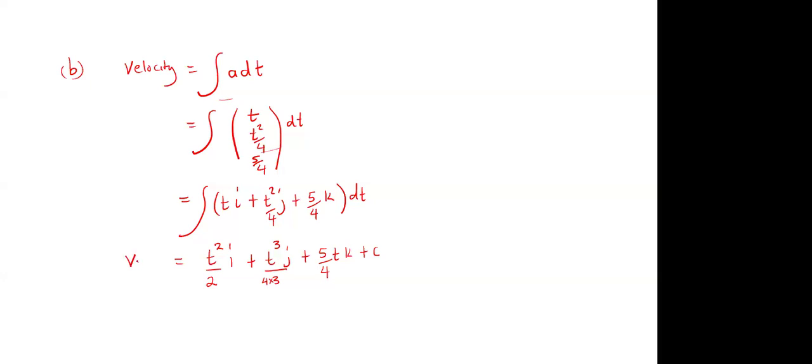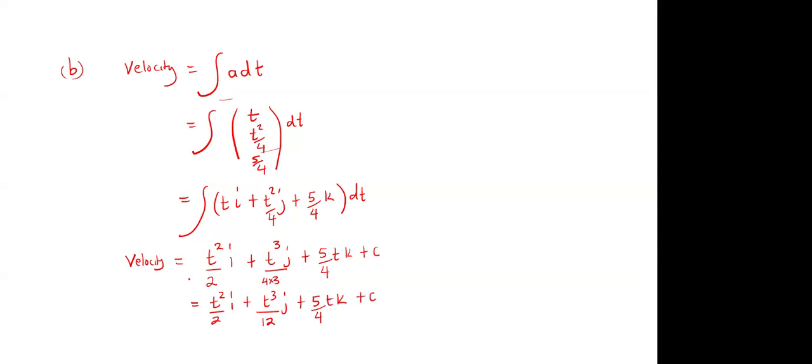And that one is going to be our velocity. Now, from there, we can continue and say this is t squared out of 2i plus t cubed out of 12j plus 5 out of 4 t k plus c.